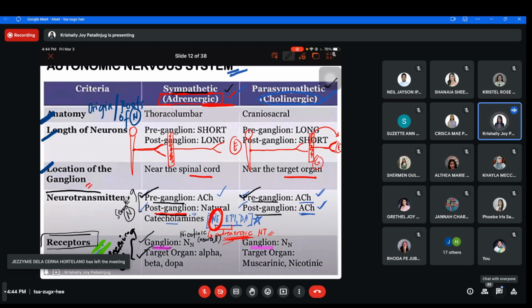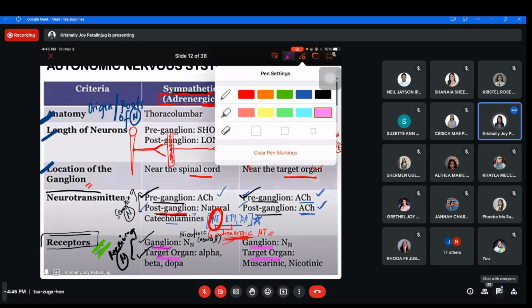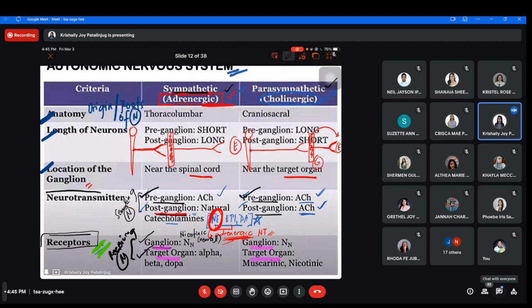Okay? Now dito sila nagkakaiba ngayon sa second postsynapse, sa second receiving neuron. Okay, na makikita nyo dito sa sympathetic, under sympathetic nervous system, we have the following receptor for effector organ: the alpha receptor, alpha, beta, and the dopamine receptor. These are all receptors.